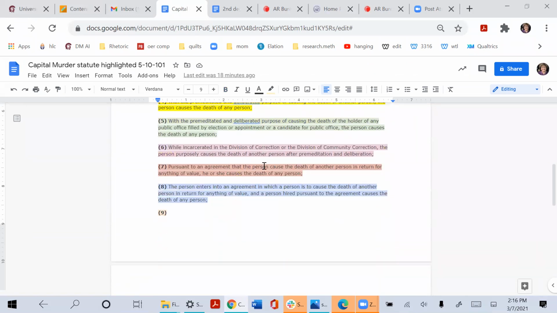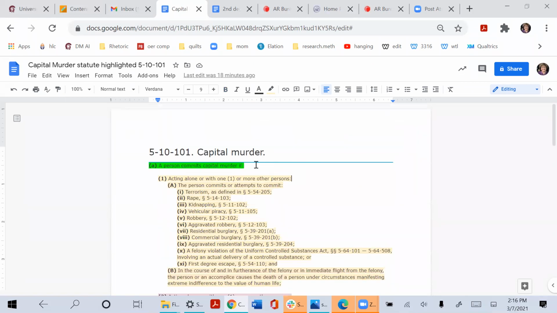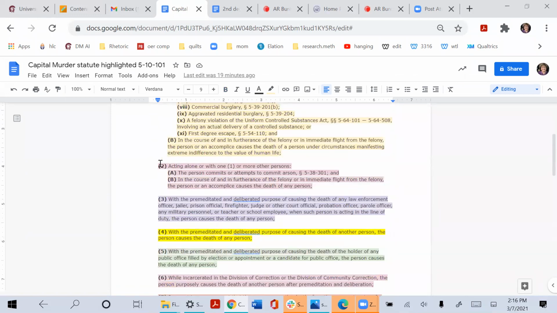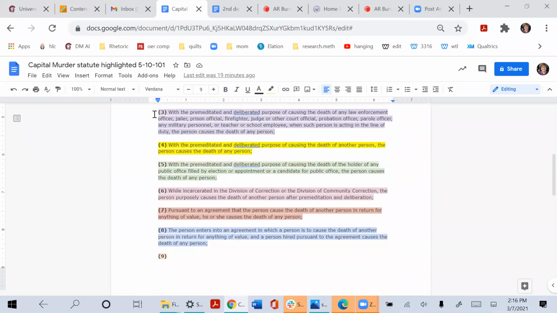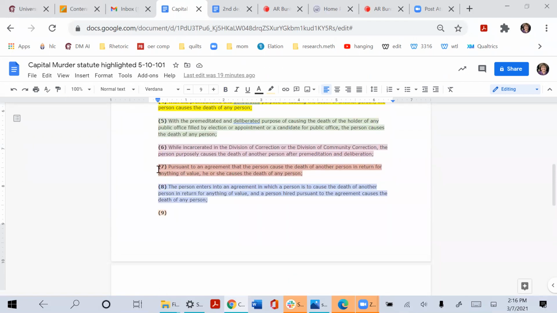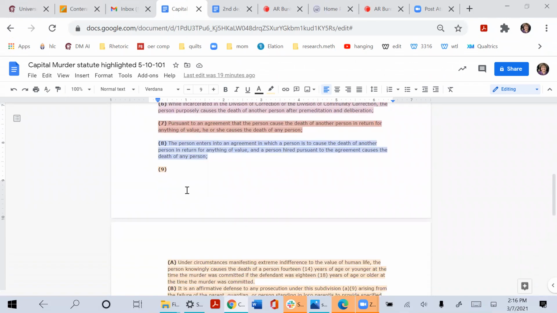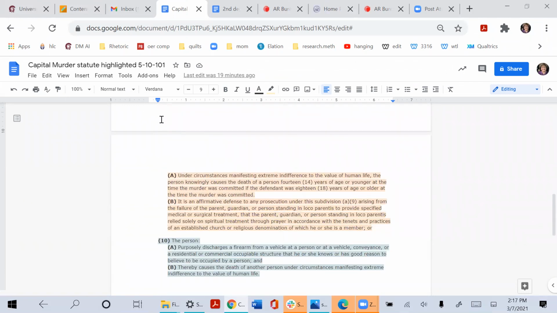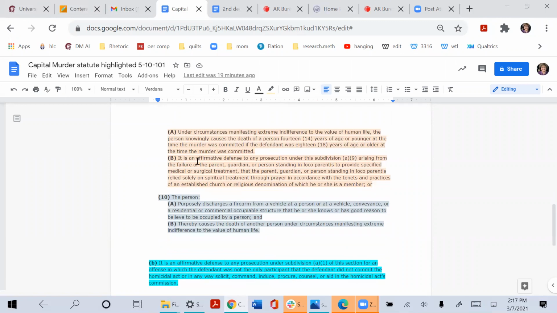And it turns out that there are 1, 2, 3, 4, 5, 6, 7, 8, 9, and 10 types of capital murder.